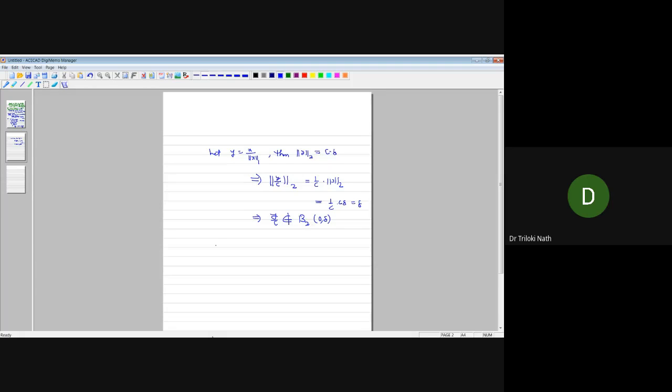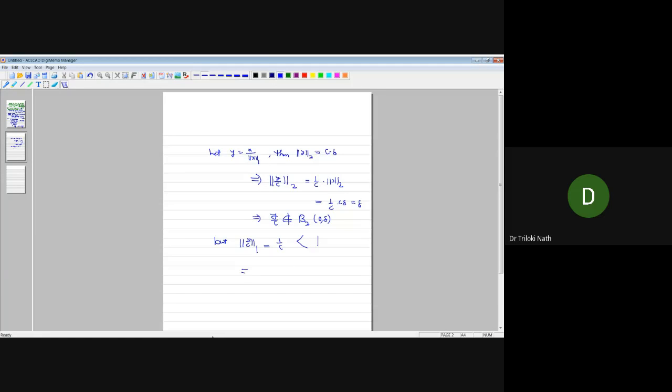On the other hand, what you see is that the norm of y by c with respect to 1 norm will be 1 by c. Check that. So norm y divided by c, so 1 by c, norm x1 will cancel out. And because c is bigger than 1, this quantity must be less than 1.